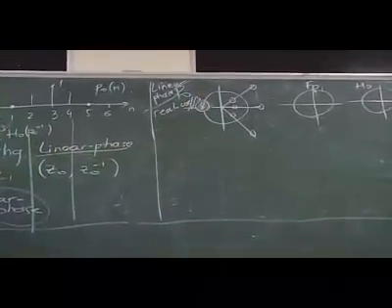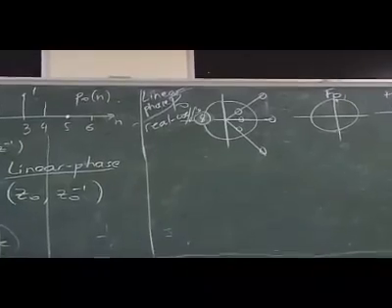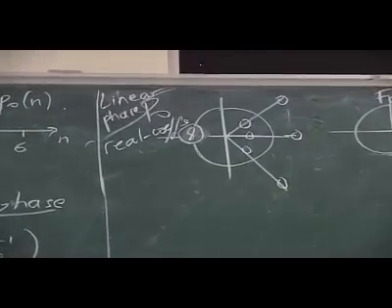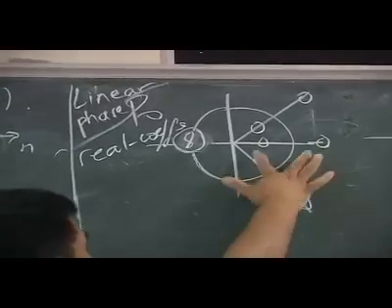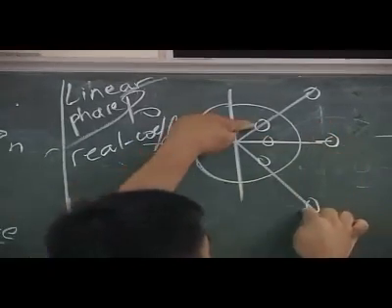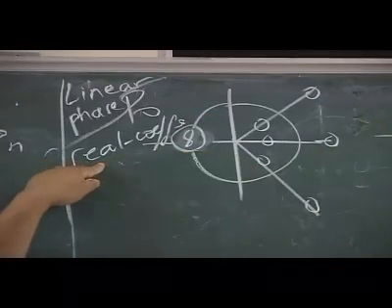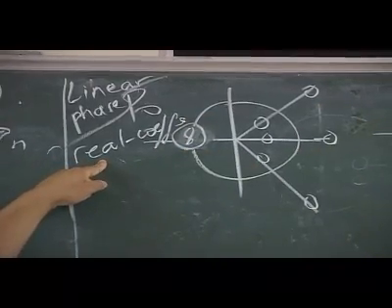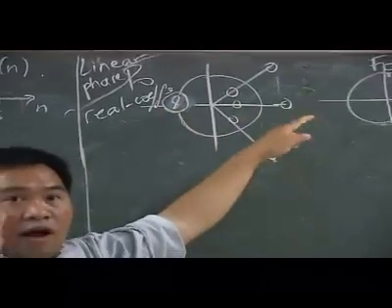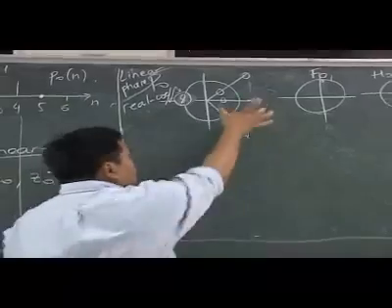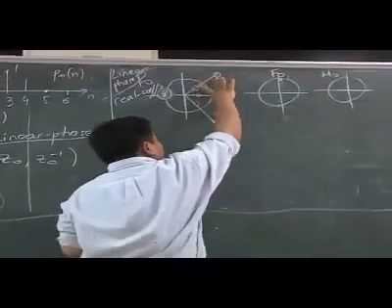Any question on that? Linear phase because there are 3 pairs of inverted zeros. Here is 1, here is 2, and here is 3. Real coefficient because the zeros are either on the real axis or are complex conjugate pairs. Right? The real axis, pairs, pairs.